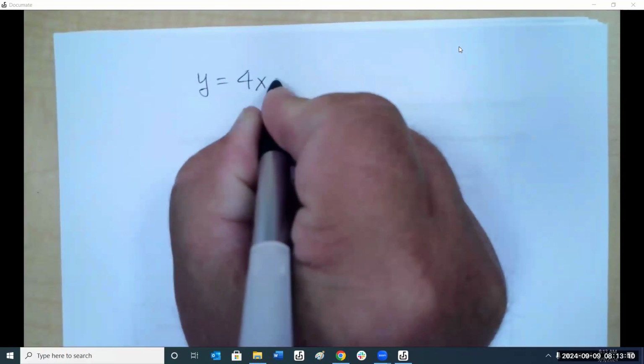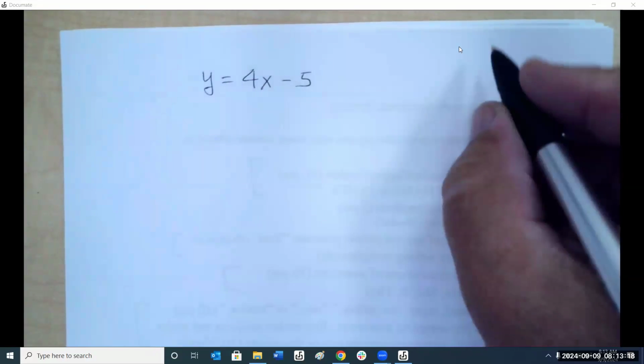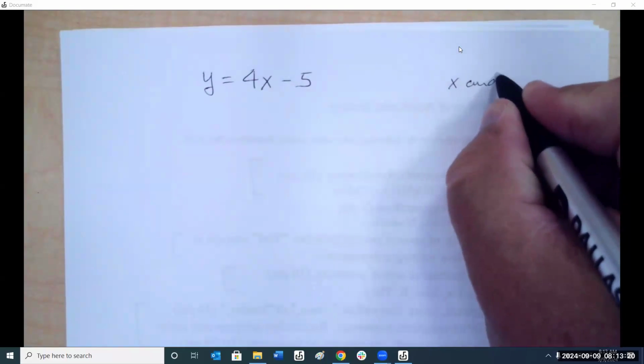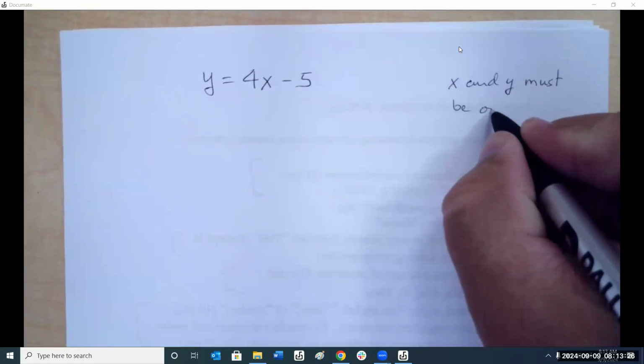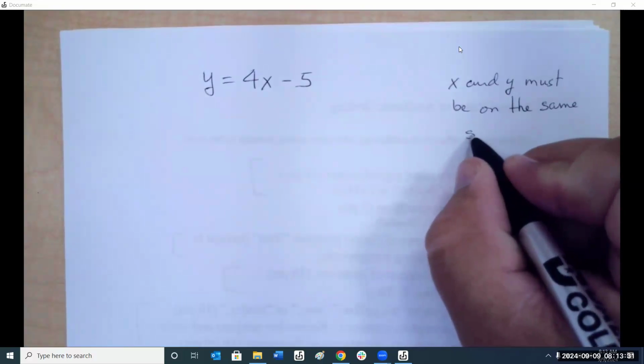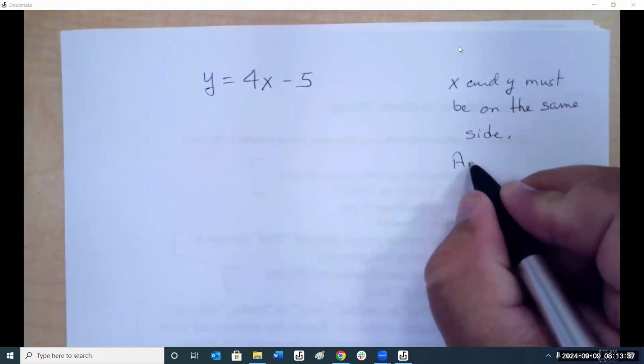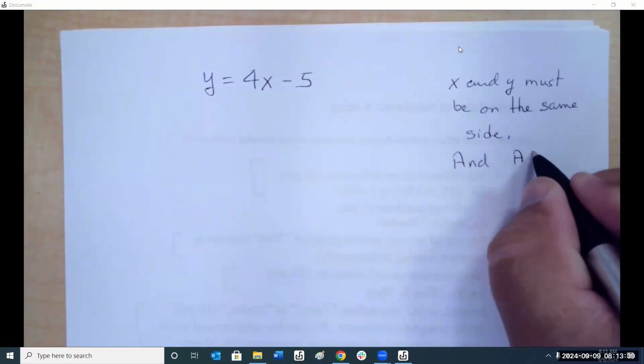Now, starting off from the second, to get the third one, x and y must be on the same side. And A has to be positive.